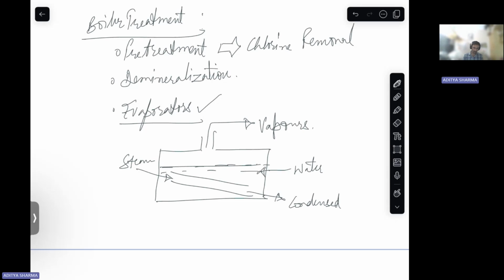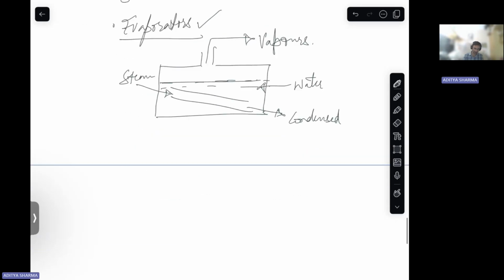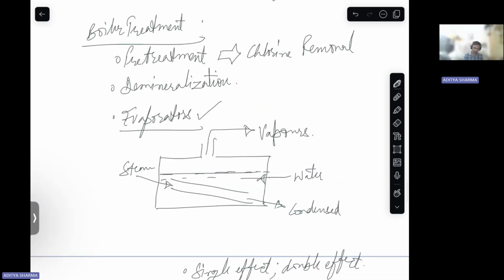Your evaporators can be single effect, double effect, or more than this, multiple effect. So what happens in that? Vapor from here will act as inlet for another evaporator. Let's say one evaporator is this.